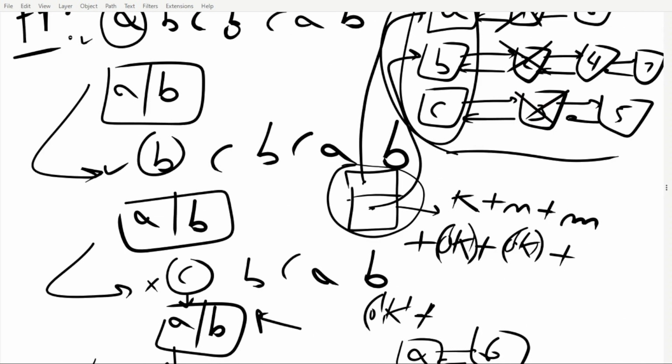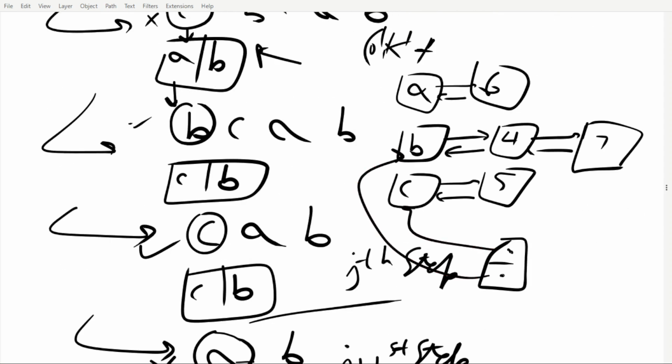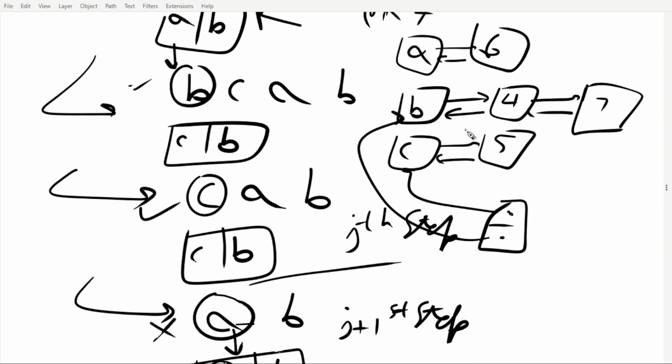We have to remove C with 5, and update our pointer. Now after this we have C and B. So this way we continue.